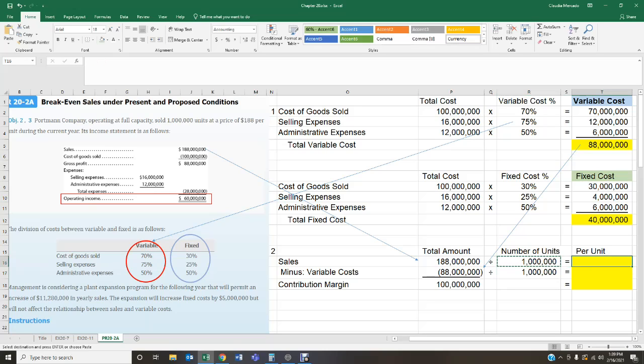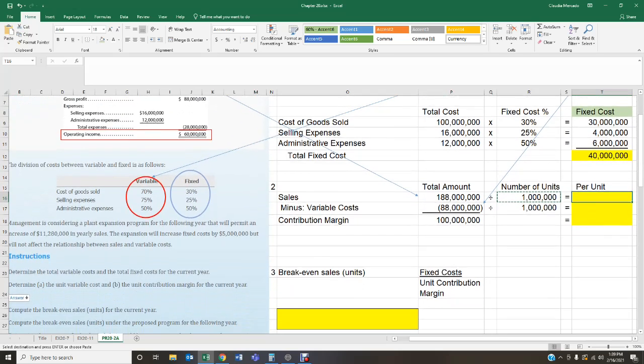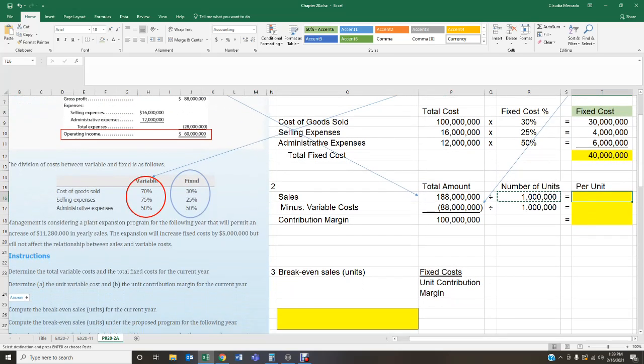So now I can get the unit variable cost and the contribution margin for the year. Okay. So now I'm going to go ahead and I'm going to divide my 188 million divided by 1 million units. That gives me $188. The variable cost is going to be 88 million divided by 1 million units.